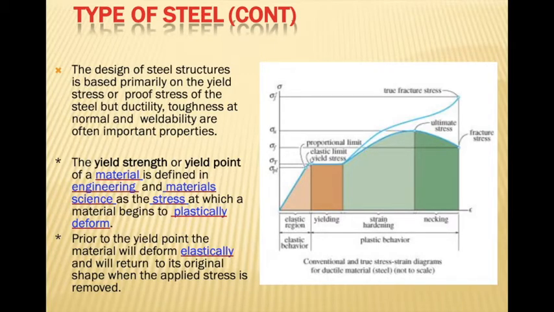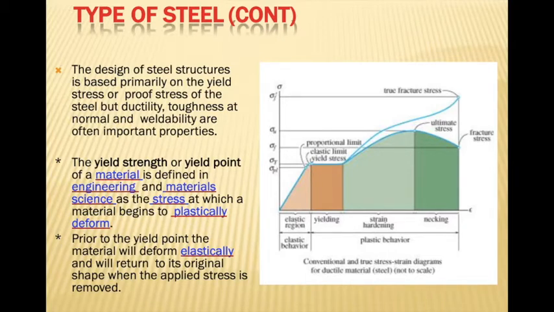For example, if you take a rubber band and pull it out, then release the pulling force, the rubber band regains its own length, its original shape. That is what we refer to as an elastic region.